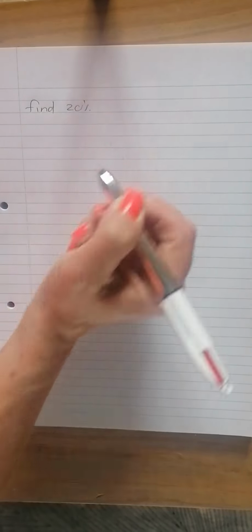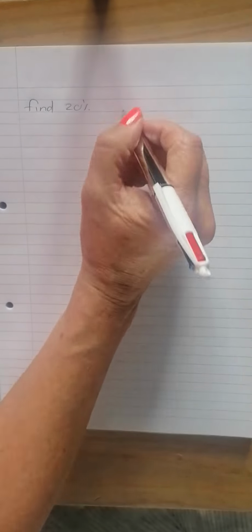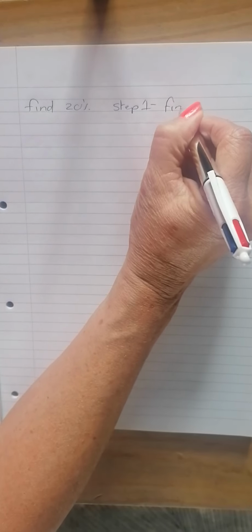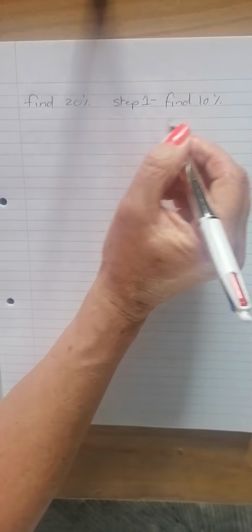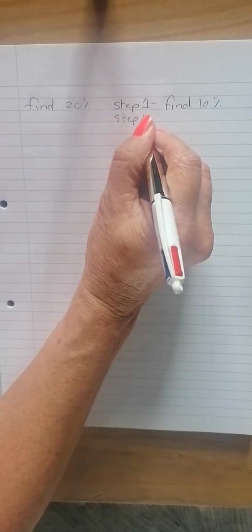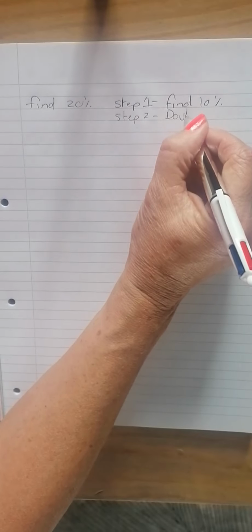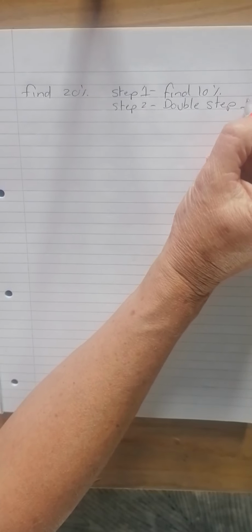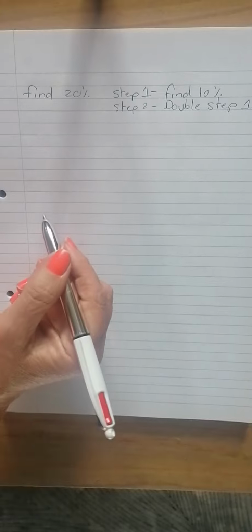So let's find 20%. So finding 20%, 2 steps only. Step 1, find 10%. And step 2, double the answer in step 1, double step 1. So let's stick with the same numbers.